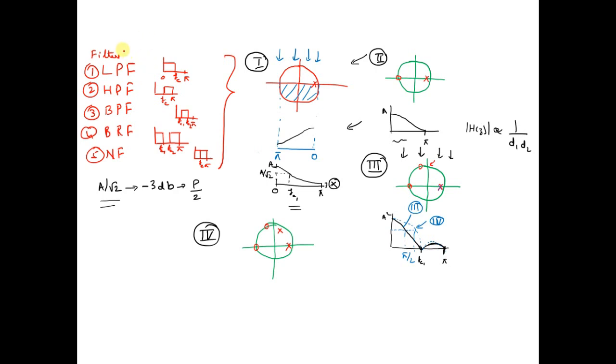The filters used for any type of signal processing technique include low pass filter, high pass filter, band pass filter, band reject filter, and notch filter. While discussing filter design in the analog domain, we have already discussed these filters.